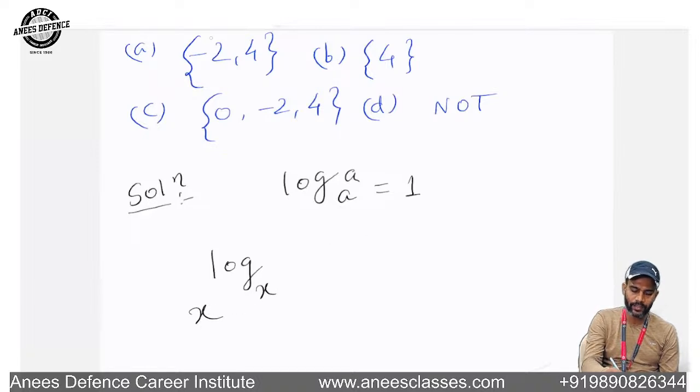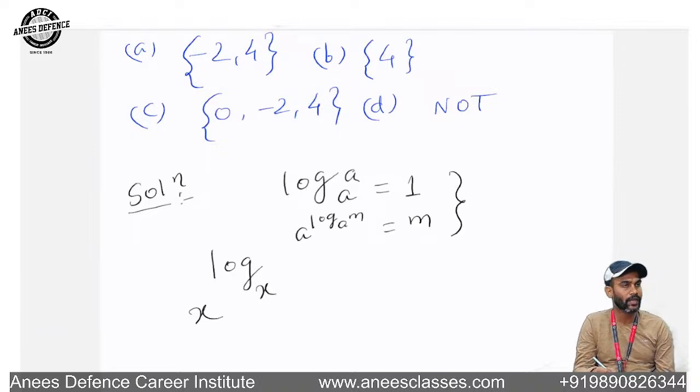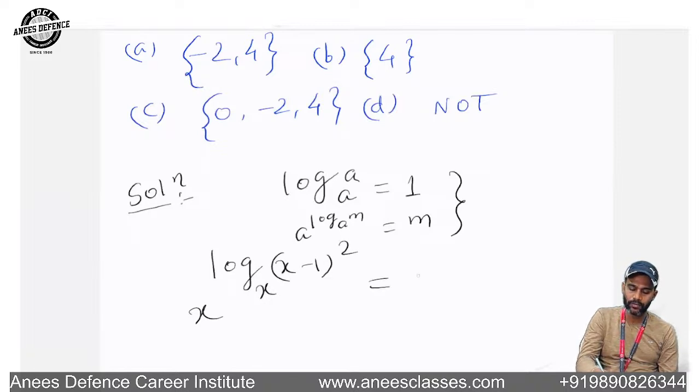And one more property we have: a to the power log base a of m is equal to m. These two properties we can use. Now here we have x minus 1 whole square that is equal to 9. Since this base and the base of log both are the same, I can directly write x minus 1 whole square is equal to 9.